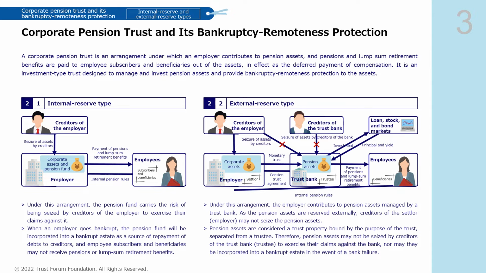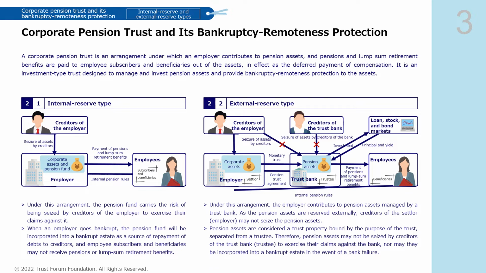Therefore, financial institutions and suppliers that have loan claims and accounts receivable against the company may not seize the pension assets. Moreover, if an employer goes bankrupt, trust property may not be used as a source for repayment of its debts to creditors, and pension assets are protected for their recipients and subscribers.